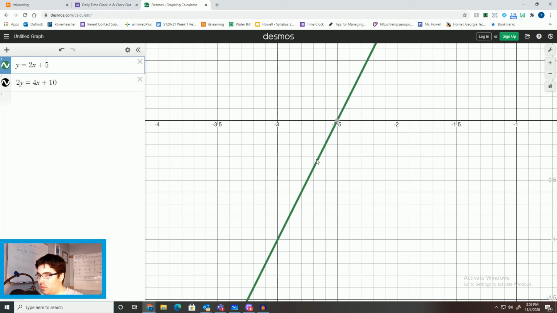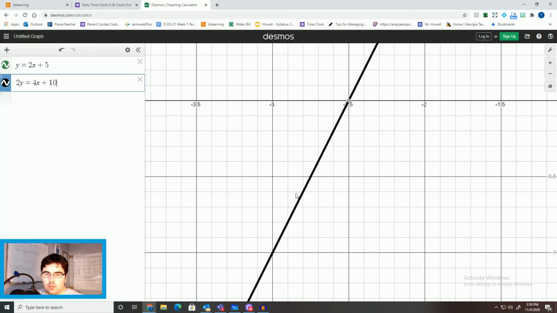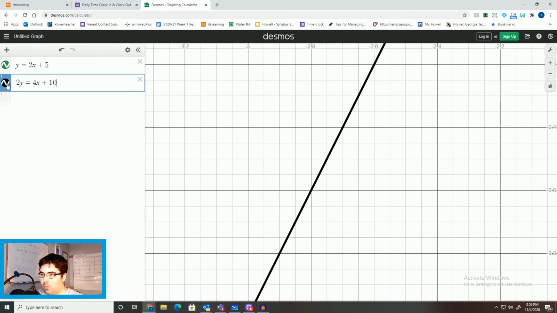Well, notice my green line's there, and my black line is also there. So I'm going to turn the black line off. There's the green line. Turn the black line on. It's the exact same line. And that's because if you look at this second equation here, you can see the 2y, the 4x, and the 10. If you divide all of those by 2, you wind up with the same exact equation as you started with above.